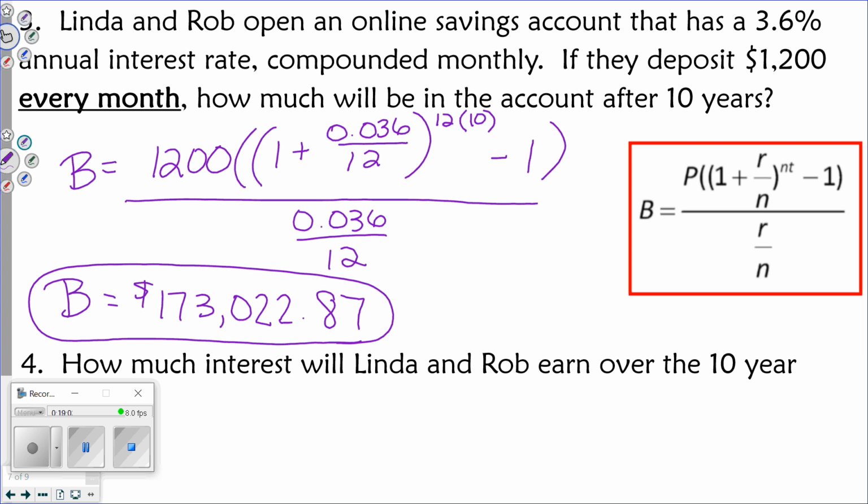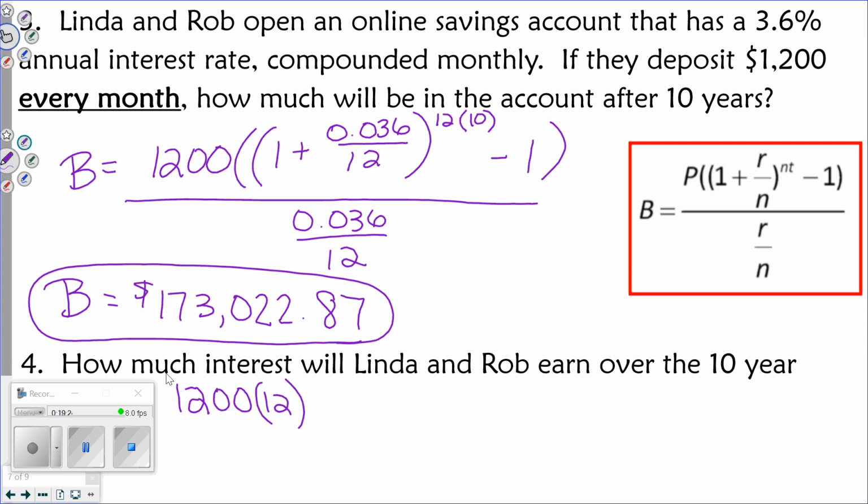All right, number 4, how much interest will Linda and Rob earn over the 10-year time? Very nice. So guys, take a look. He's right. They're putting $1,200 in how often? Every month. So we have to multiply that by 12.